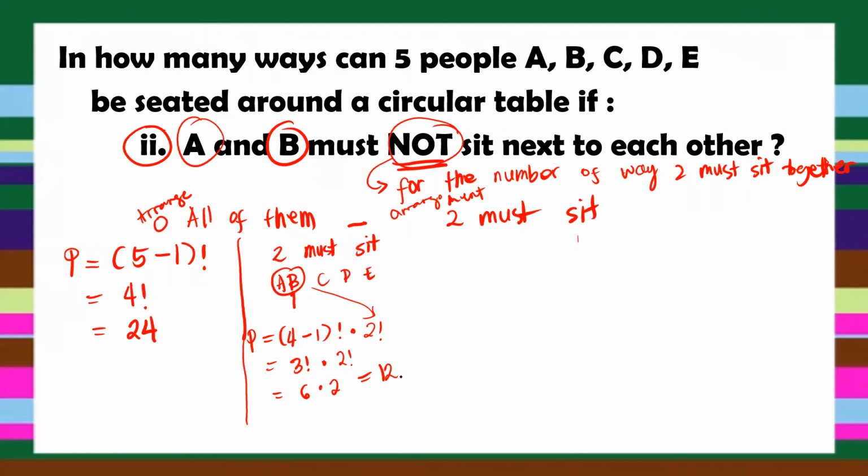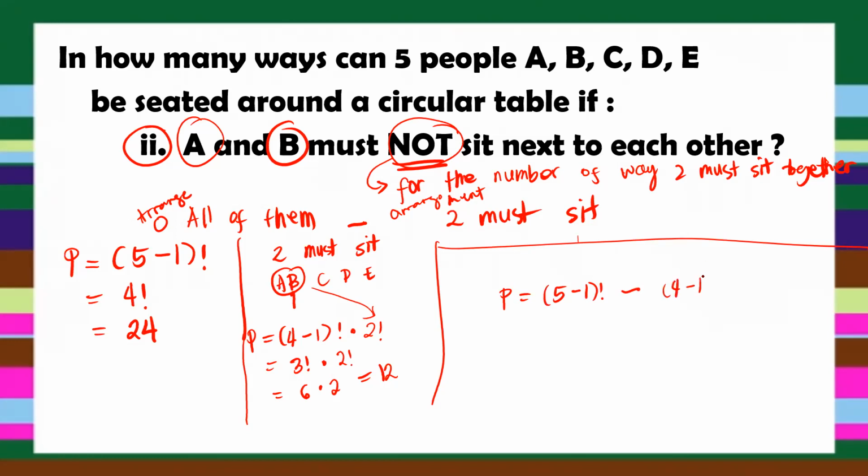So ang gagawin na natin ngayon, next step, is to subtract them. Their arrangement, all of them, which is permutation is equal to 5 minus 1 factorial. Ima-minus natin doon yung 4 minus 1 factorial times 2 factorial. Anong sagot natin dito?